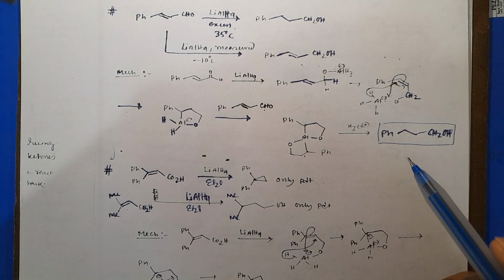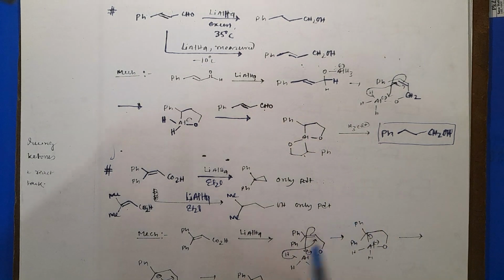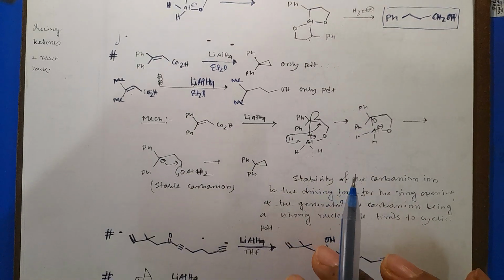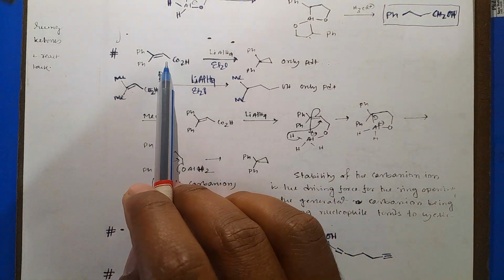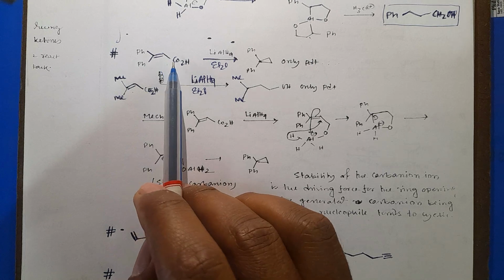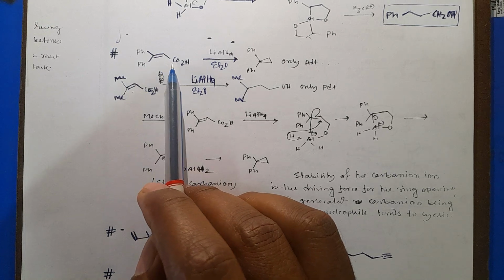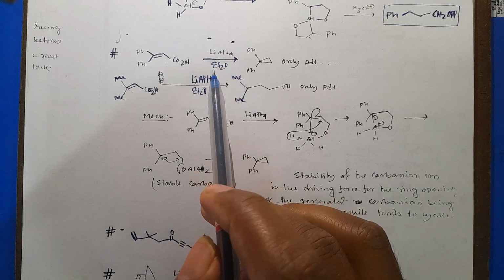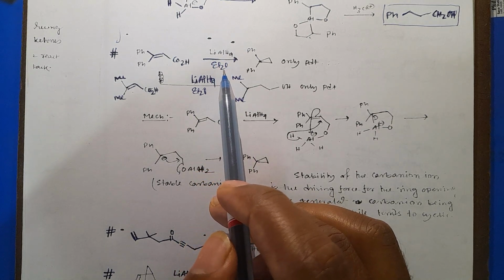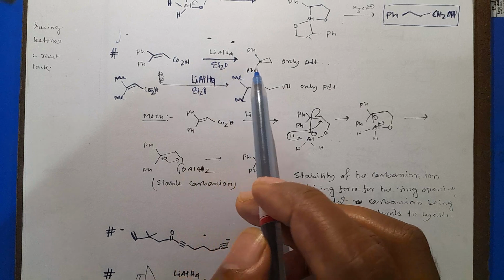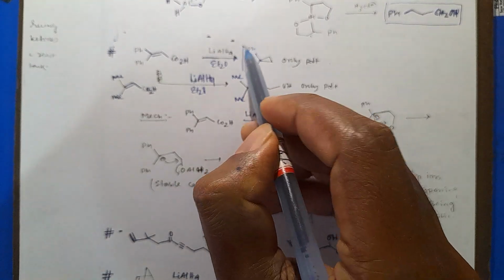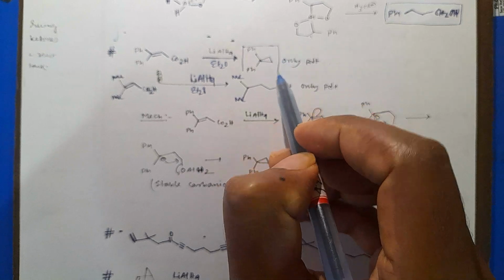Okay, now coming to the next example. If you take this alpha beta unsaturated acid, and you try to perform the reaction in the presence of lithium aluminum hydride and diethyl ether solvent medium, you can see it will provide a 1,1-diphenyl cyclopropane compound.